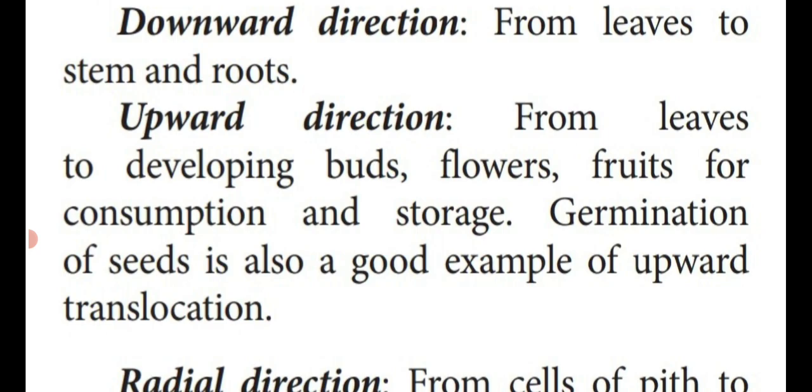One is the downward direction, that means from the leaf part to the stem and root region. Upward direction, from the leaves to the buds, flowers, fruits, and also storage for future use. Germination of seed also requires food material for growth and development. So these are all examples of upward direction of food material.